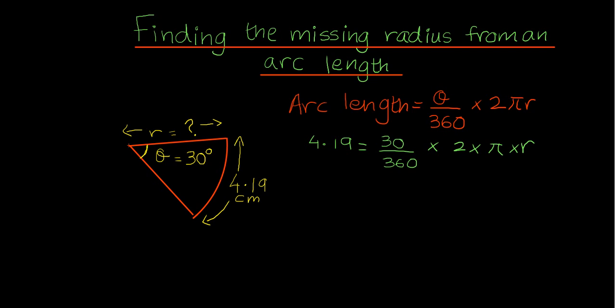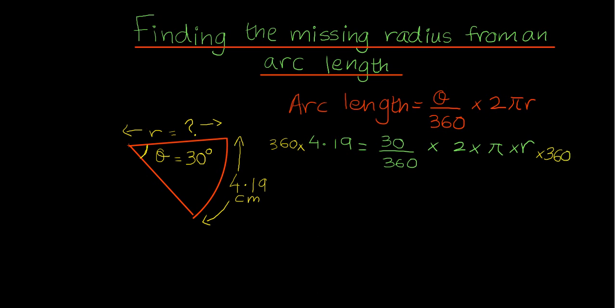So here I'm going to start off by multiplying both sides by 360, because I want to get rid of the denominator. Now I'm going to take it step by step.